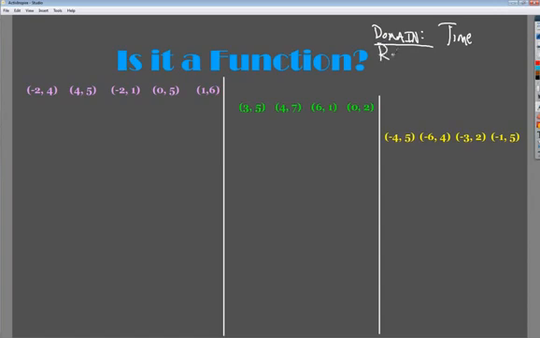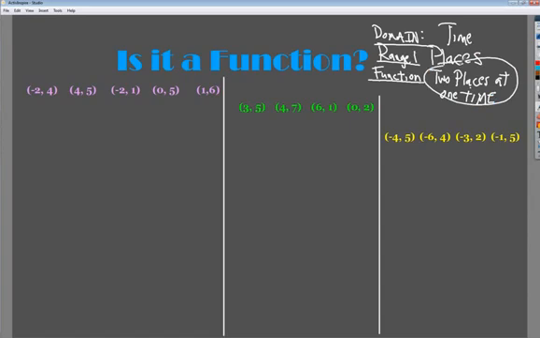My range values, we're going to say, are places. And if it is a function, and if we go two places at one time, that can't happen. So in order for it to be functional, we can't be in more than one place during one time period.